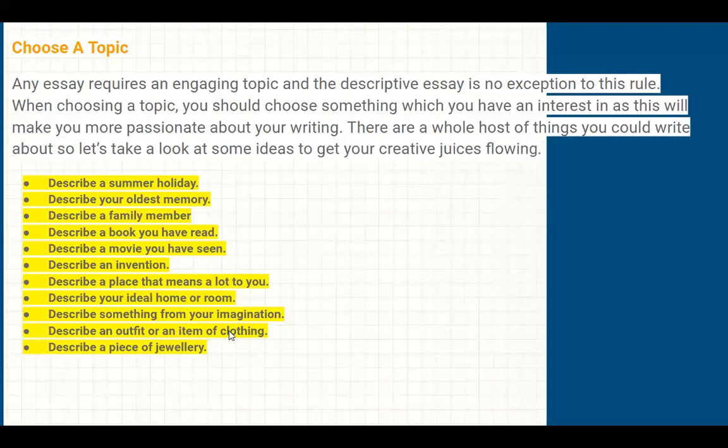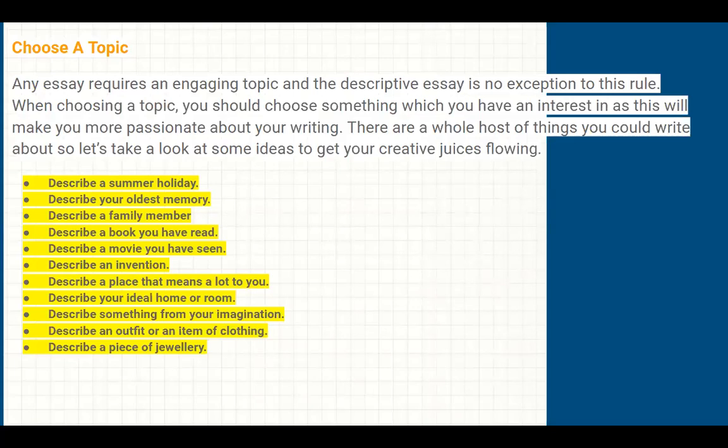It could describe a place that means a lot to you, describe an ideal home or room, describe something from imagination, describe an outfit. It could be as simple as a dress, an item of clothing that you may have been offered or presented, or you may have liked for a long time, or something that really looked presentable and fantastic. So you could describe that.